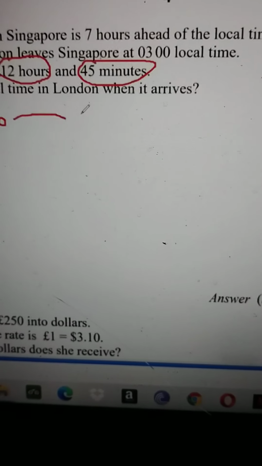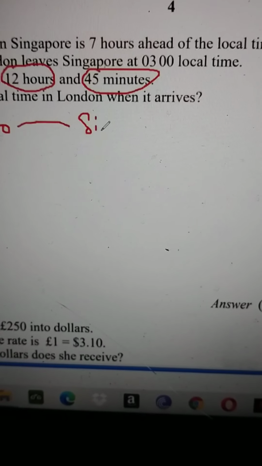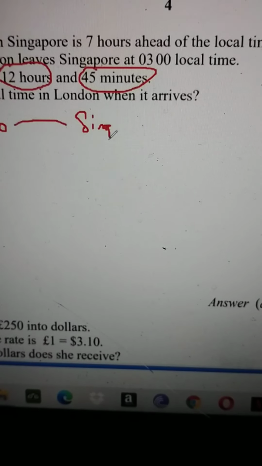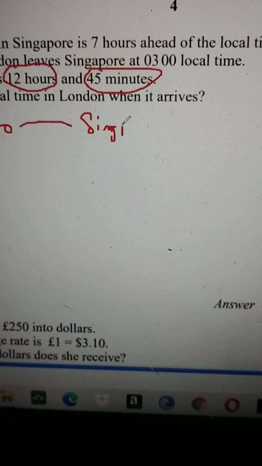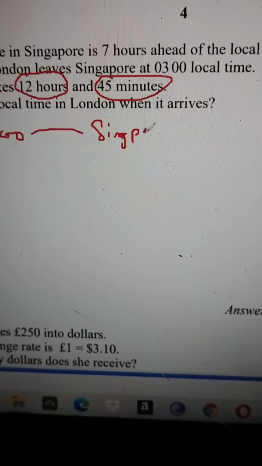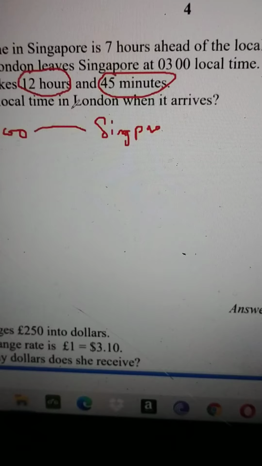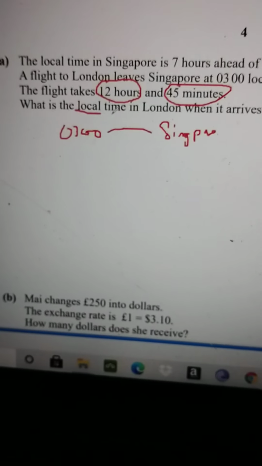So the answer which you are going to get will be the time of Singapore, and then you will subtract 7 hours from your answer to reach the local time in London.